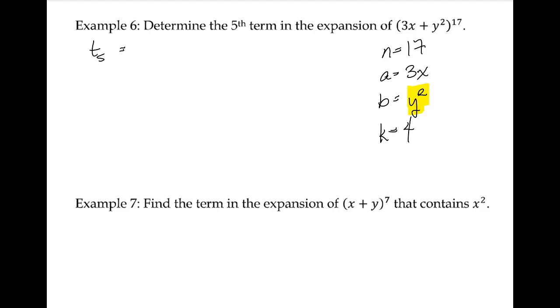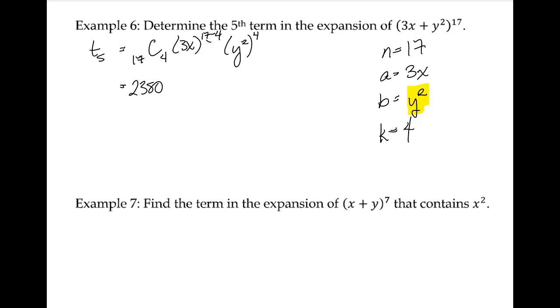I'm going to plug this into my formula. So 17 choose 4, 3x to the power of 17 minus 4, and y squared to the power of just 4. So again, that first part, I'm just going to plug in 17 choose 4 on my calculator to get 2,380.